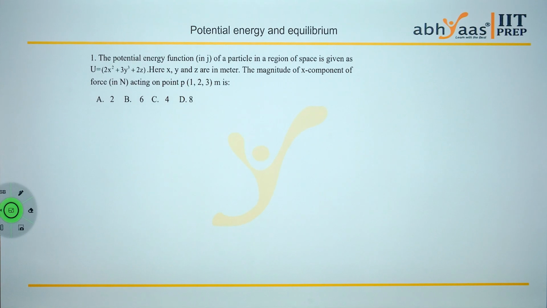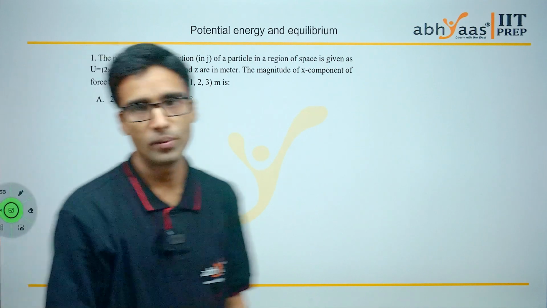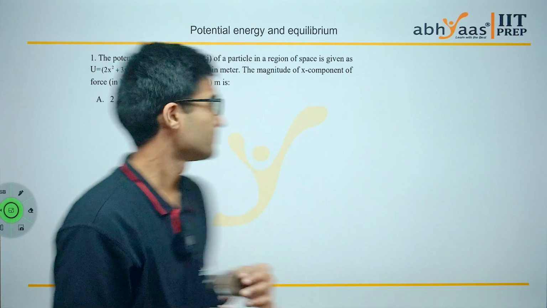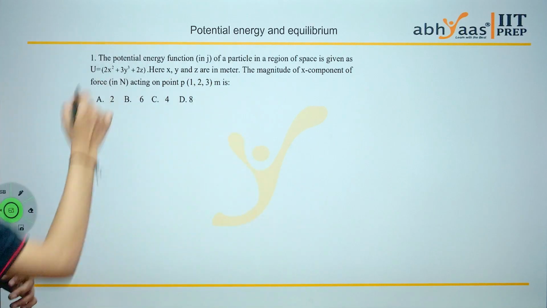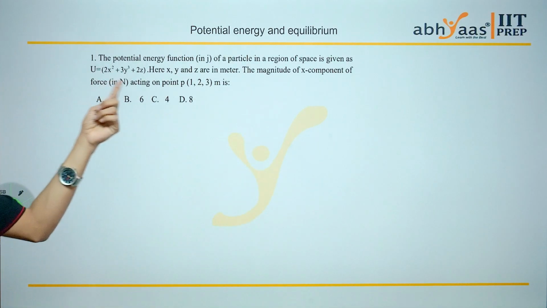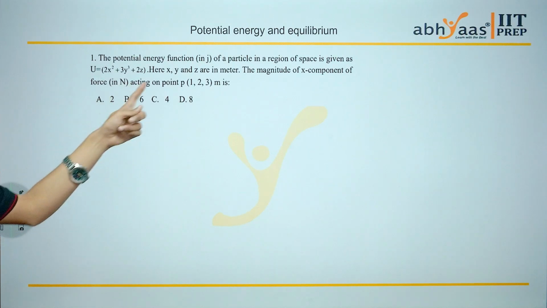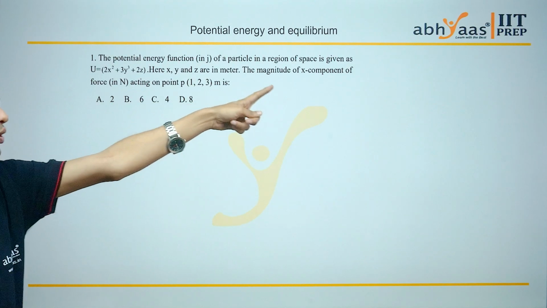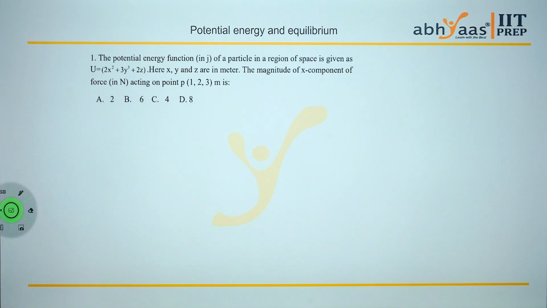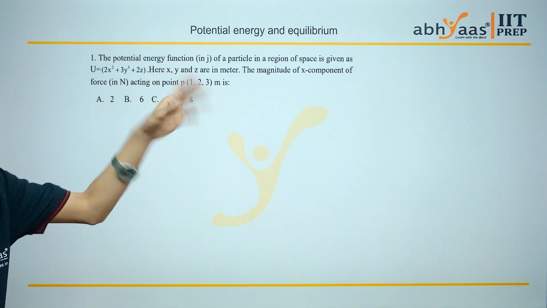Now going to potential energy and equilibrium. Here the potential energy function is given, that is U is equal to this one. Here x, y, z are in meters. Find the magnitude of the x component of force. So what we want is Fx, at which point? 1, 2, 3.